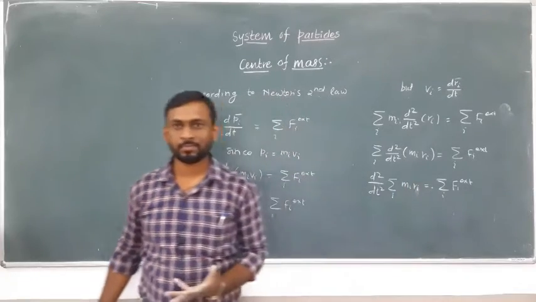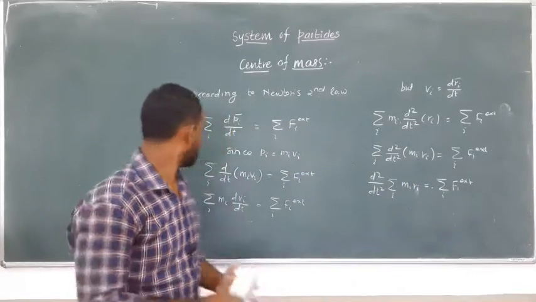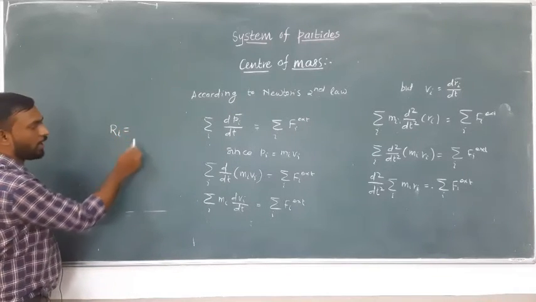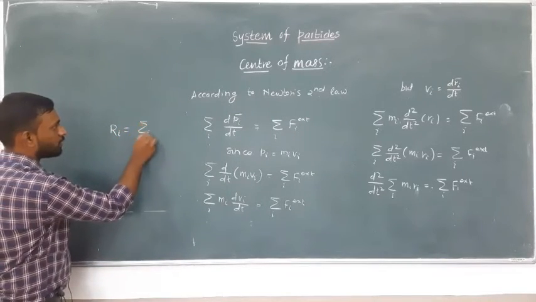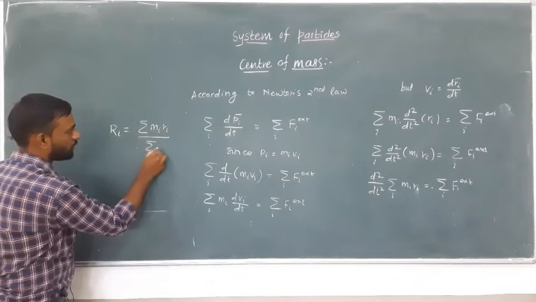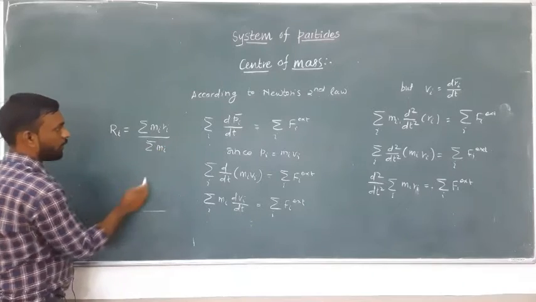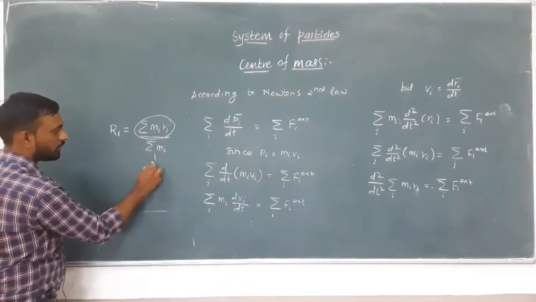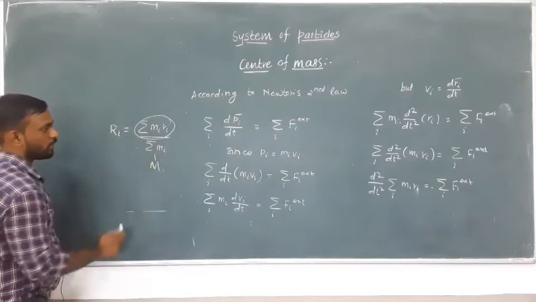What is this? In the center of mass system, we already know that this R is equal to summation over m_i R_i upon summation m_i. So what is this term? And since this is capital M, so what is this term?